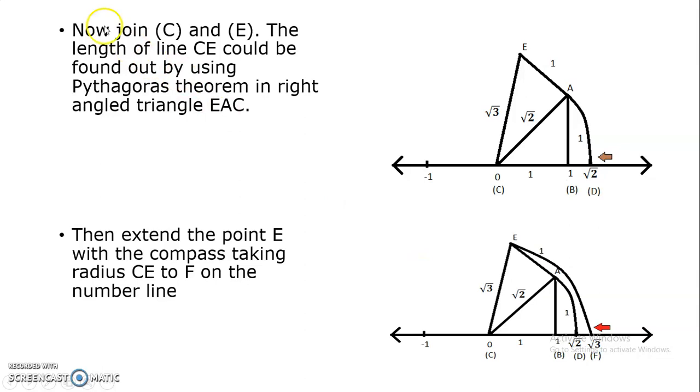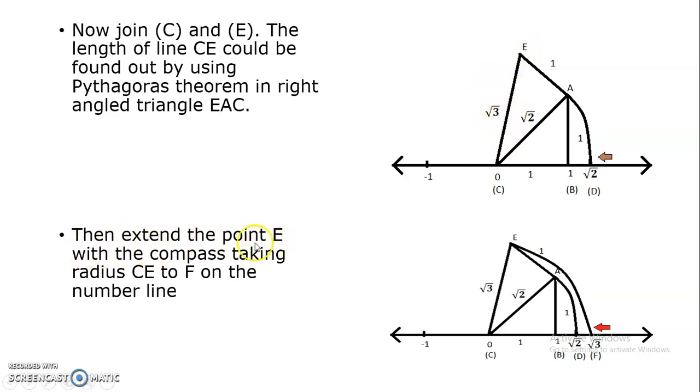After that, now join the points C and E. When we join these 2 points, this again becomes a right angle triangle with the base 1 and perpendicular root 2, and we can apply the Pythagoras theorem to find out the length of OE, that is nothing but root 3.